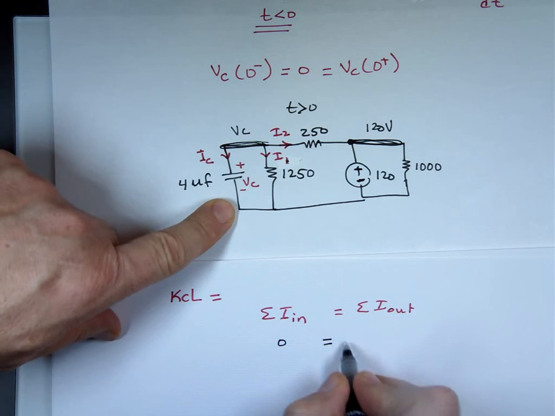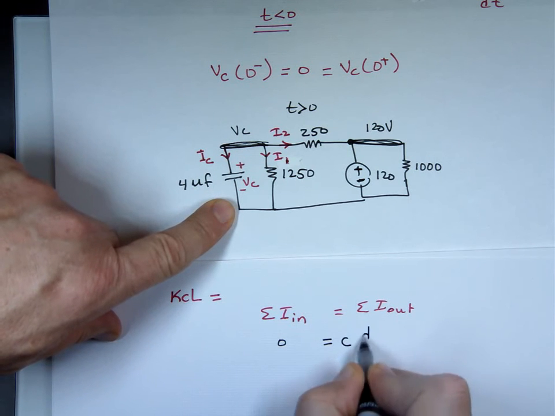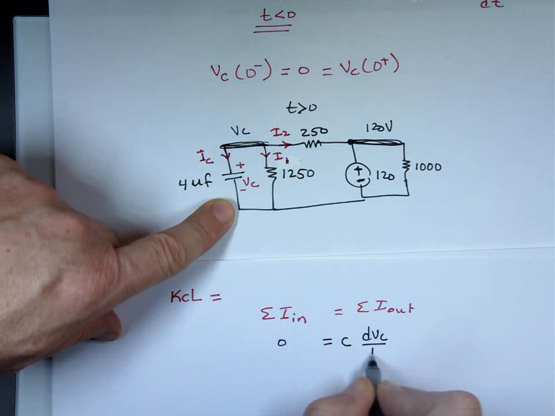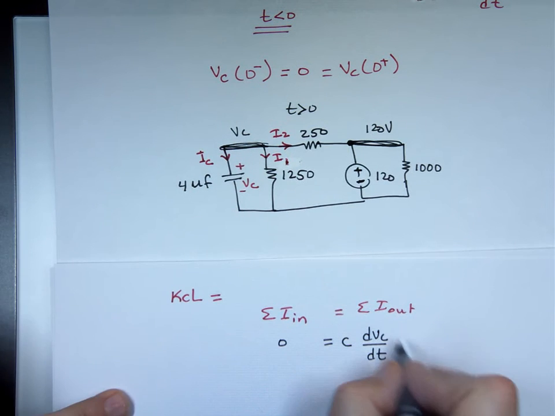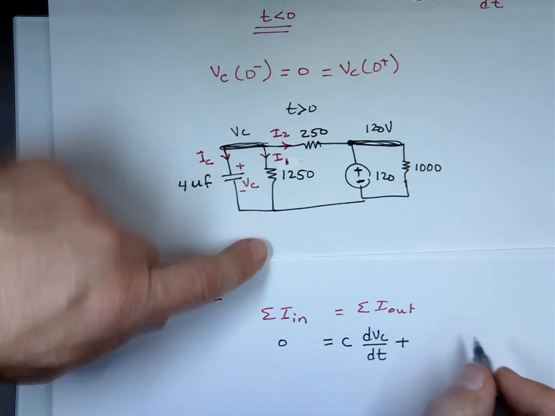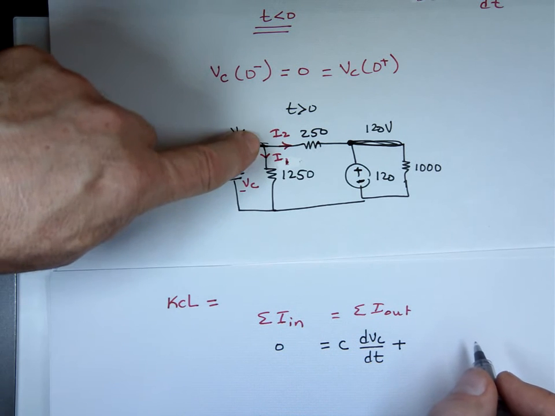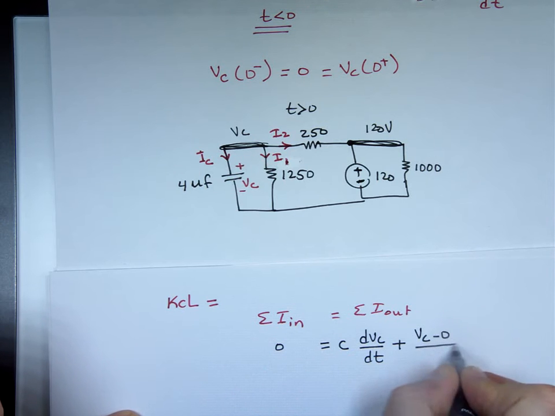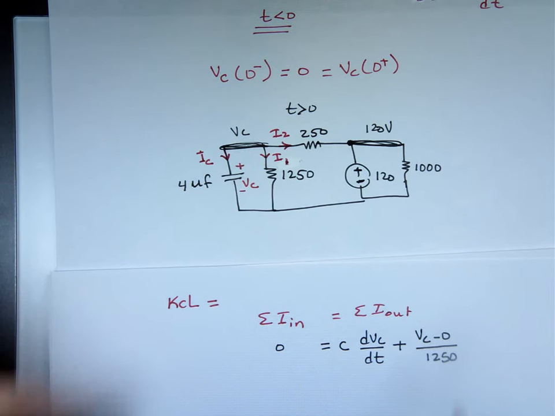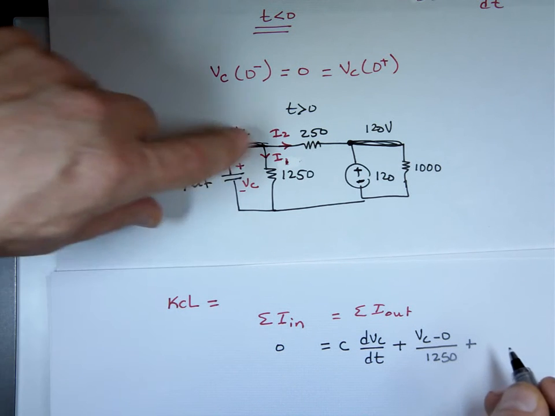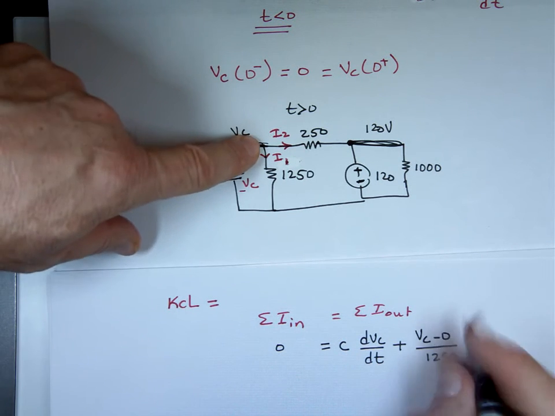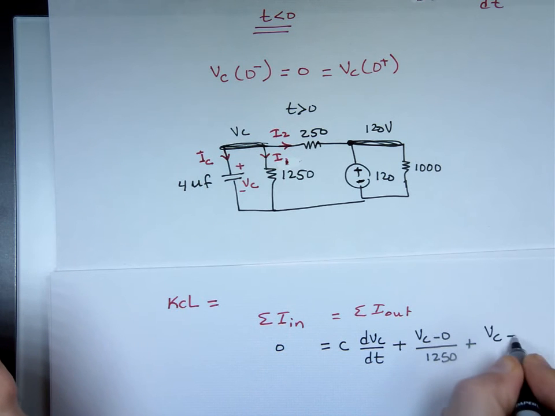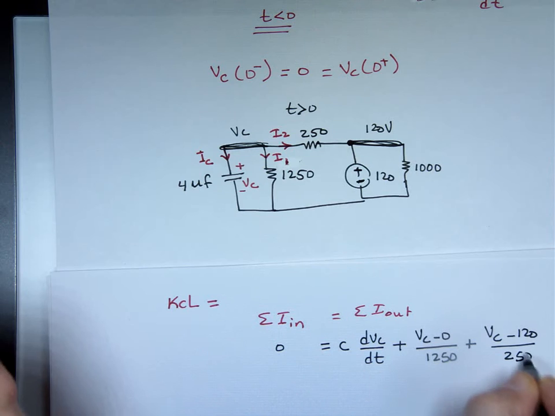I equals what? C dVc dt plus I sub 1, notice it's coming down, it's VC minus nothing over 1250 plus this one, which is going to the right, VC minus 120 over what? 250.